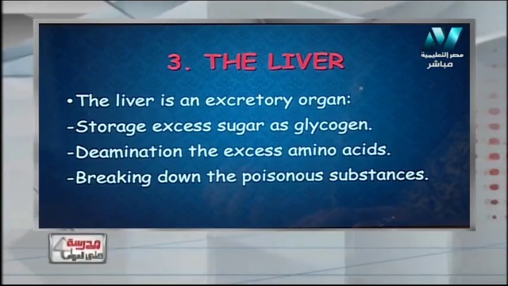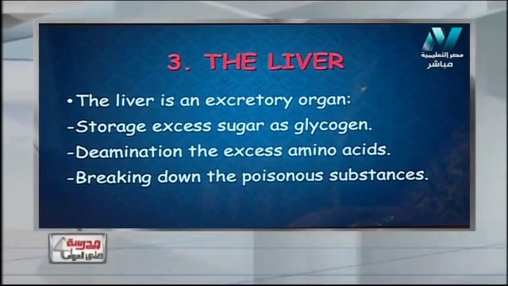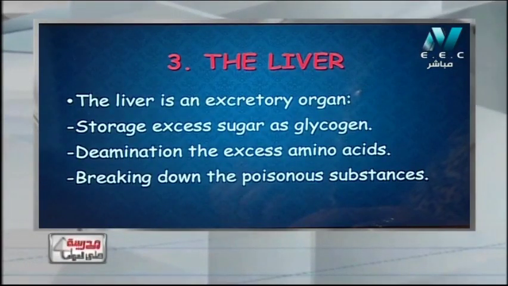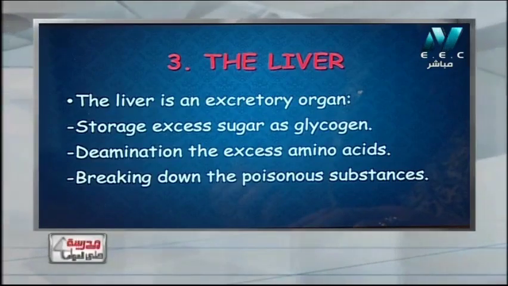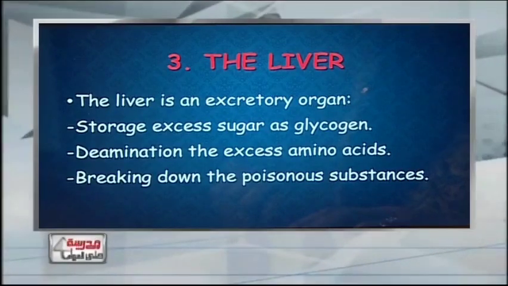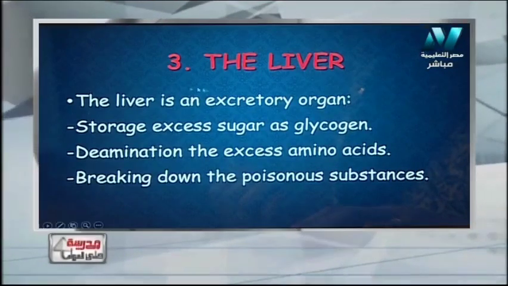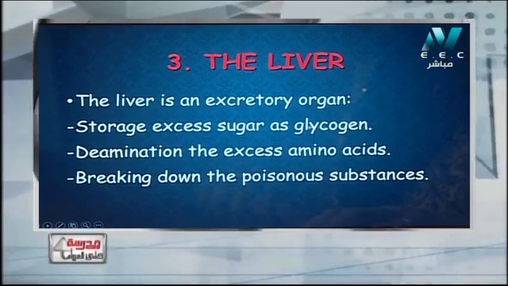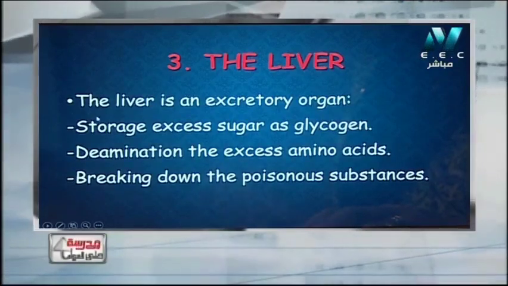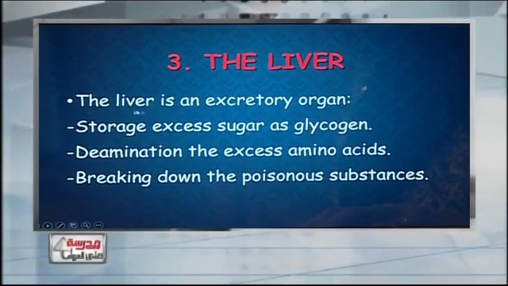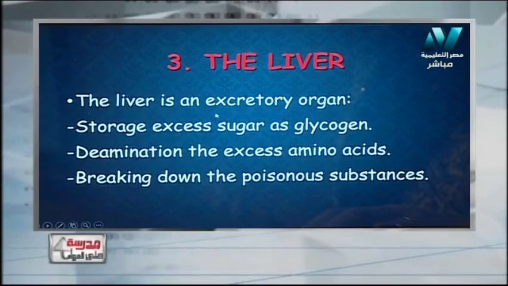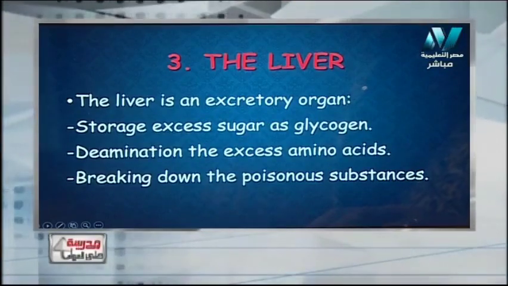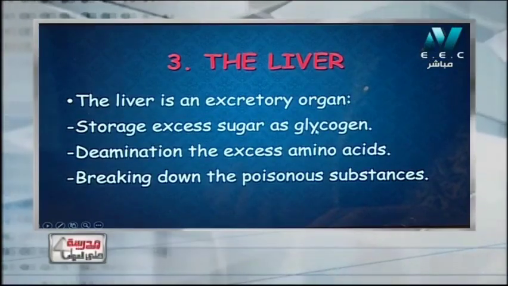What are these things? The liver takes the excess amount of carbohydrates in the form of sugars, actually glucose, and stores it into another form of carbohydrates called glycogen. So the excess glucose is stored in the form of glycogen.